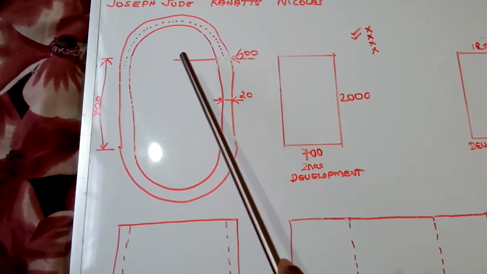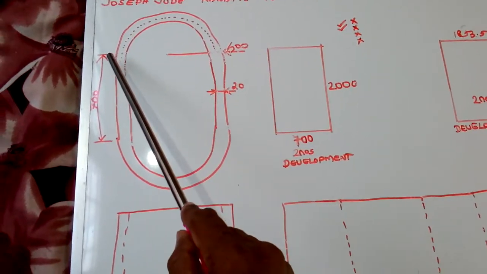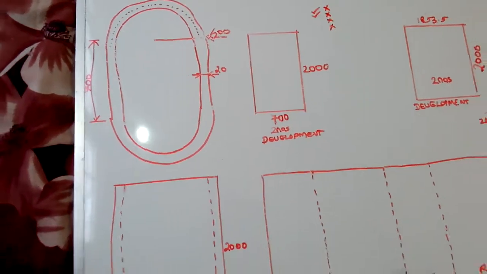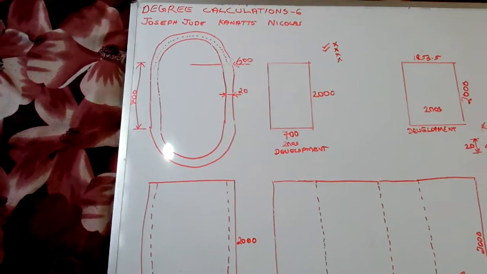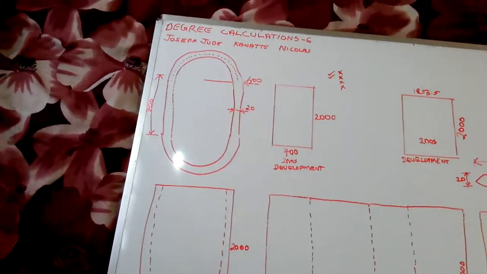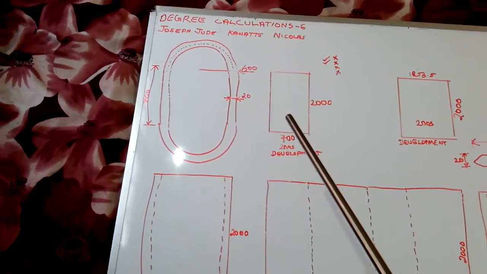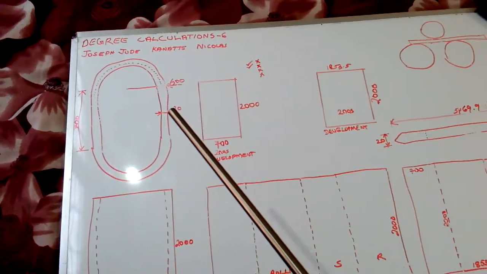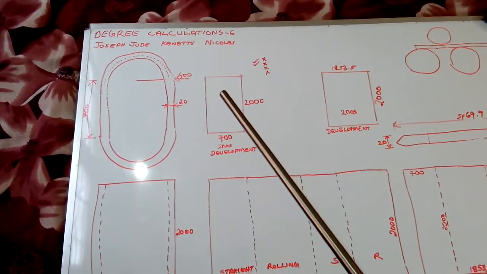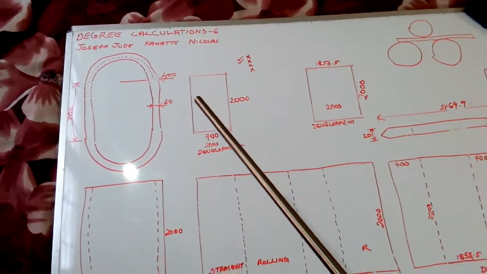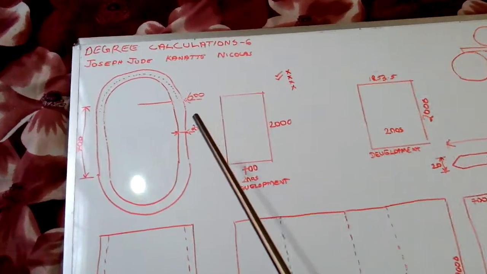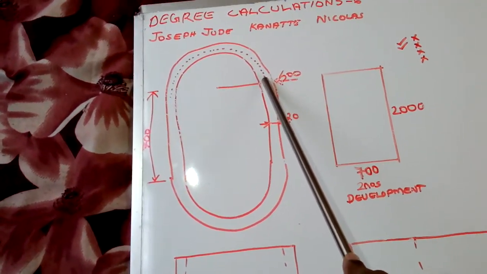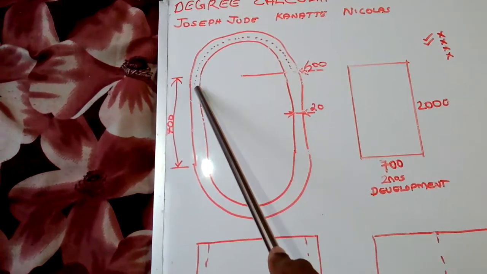What is this minor diameter? It will be 1200 minus 20, again 20, so it will be 1160. But we shouldn't use the major diameter, and we shouldn't use the minor diameter. The reason I have told you. Instead of the major or minor diameter, we have to use the medium diameter. Medium diameter is the diameter from the center of the thickness to the center of the thickness.